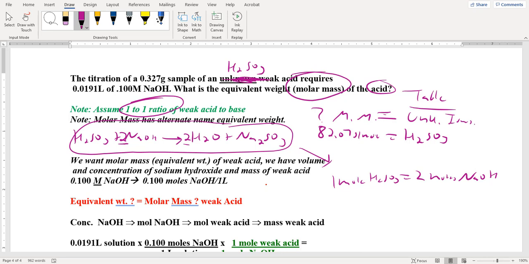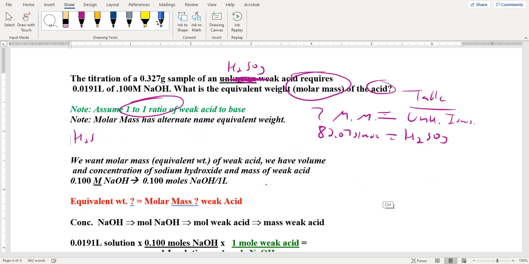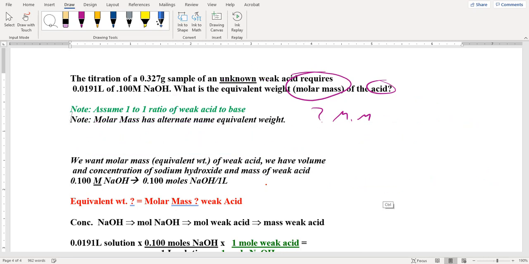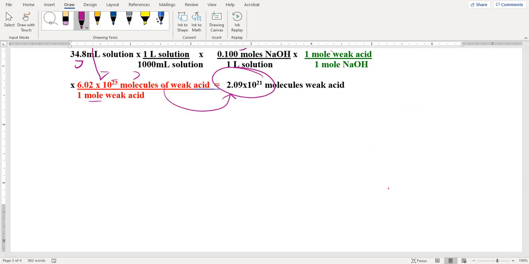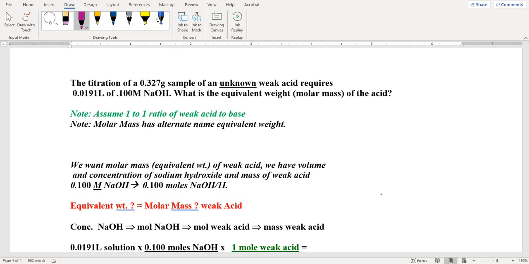Now, I can then continue with the experiment, but that's kind of lame because I can just look on Google what the molar mass is rather than doing the titration. But still, proof of concept. So let's go backwards in time and assume that we have an unknown acid. And let's also assume that we know that it's going to be a 1-to-1 ratio.